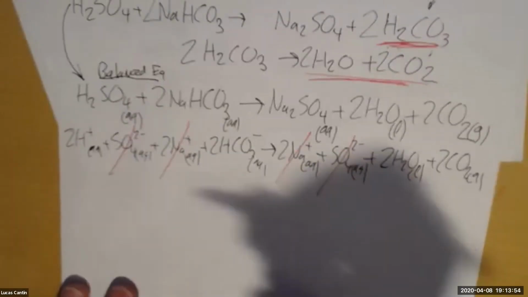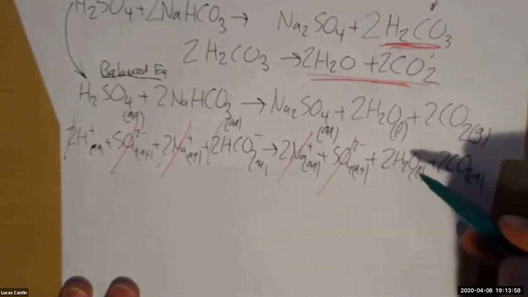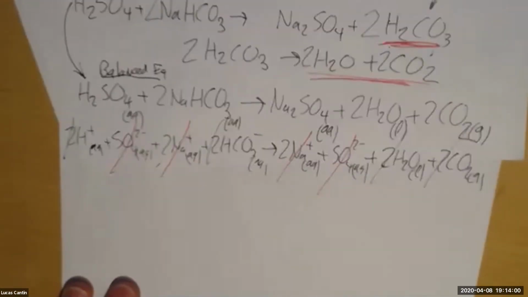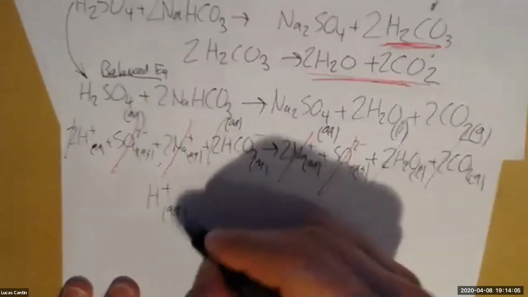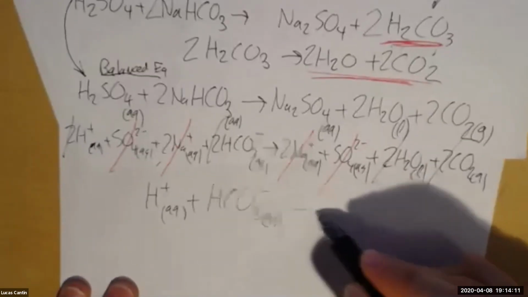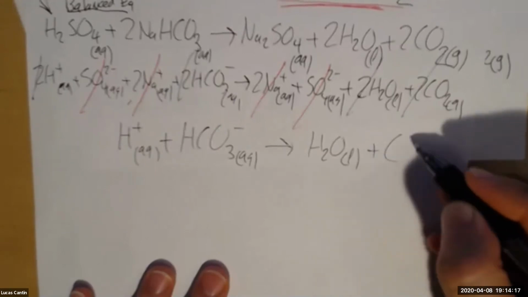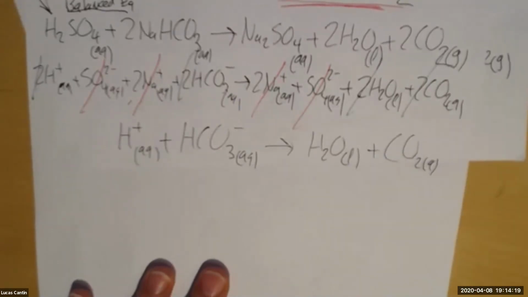So let me strike that out in green. 2, 2, 2, 2. So the net ionic equation is when a hydrogen ion aqueous finds a hydrogen carbonate aqueous, it will form water, liquid, and CO2 gas.